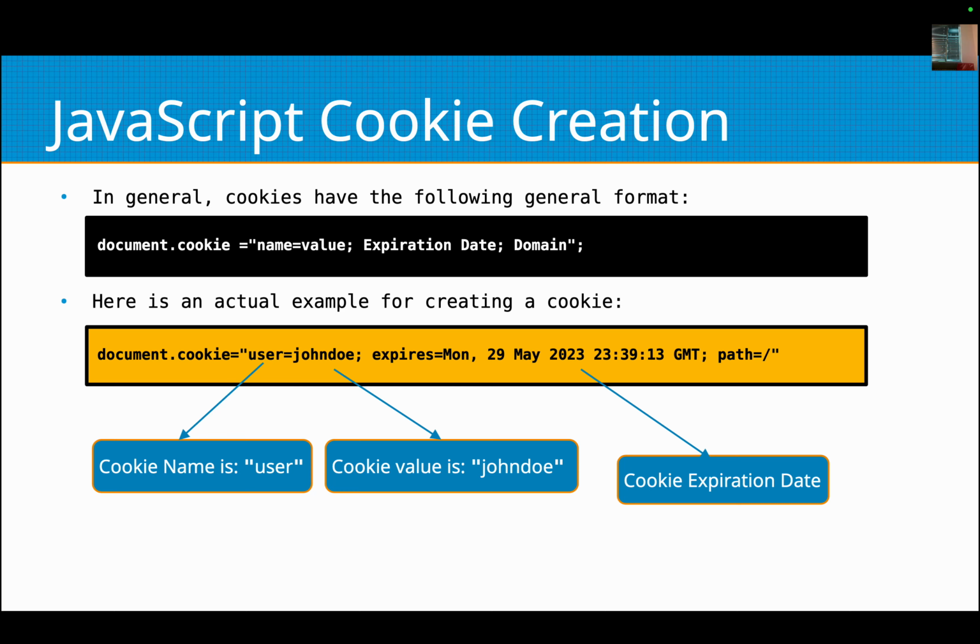So these are the 3 components: the name and value of the cookie, the expiration date, and the domain, the visibility of the cookie. In this particular case, the name of the cookie is user, and the value of the cookie is John Doe. Notice that the format is name equals value. That's the format that you're going to use to store data.